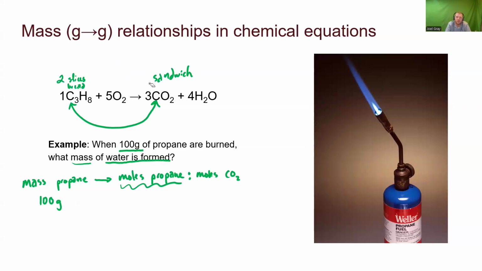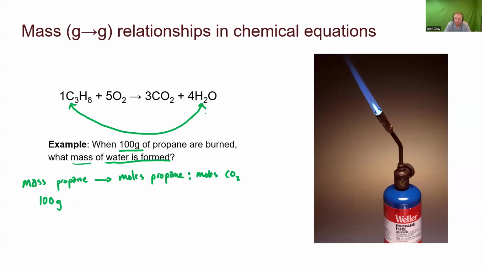Okay. Now, we can relate the moles of propane to the moles of CO2, and we can also do the same thing with moles of propane to moles of H2O. 1 mole of propane will produce 4 moles of H2O. This question is asking us the mass of water that's formed. Do we even care about this reactant and this product? We don't.